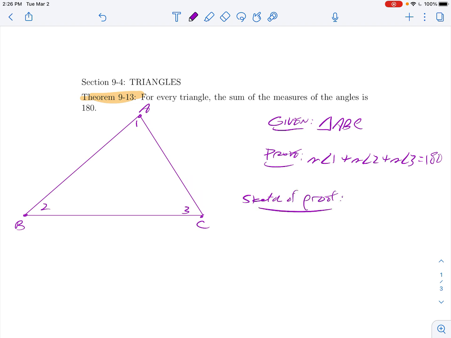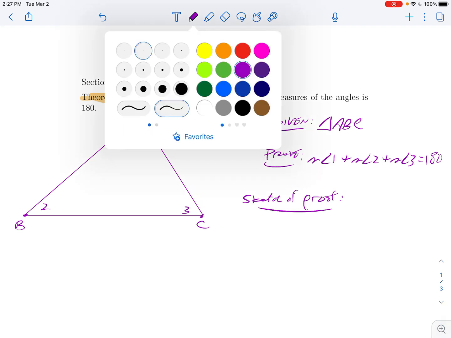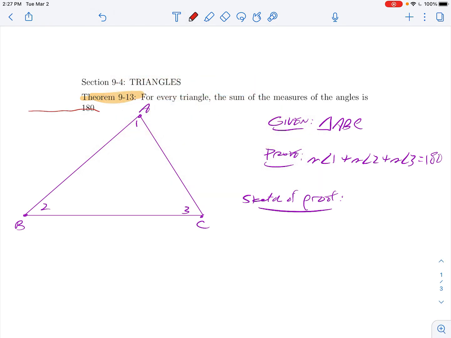I'm going to use the parallel postulate to draw the unique line through A parallel to BC. I guess the parallel postulate is folded in a slightly different way, so I may have misspoke. But here's what we can definitely do. We know that this line exists.